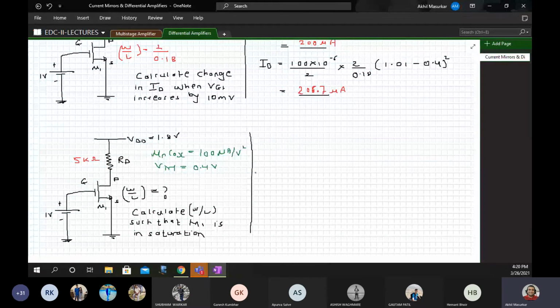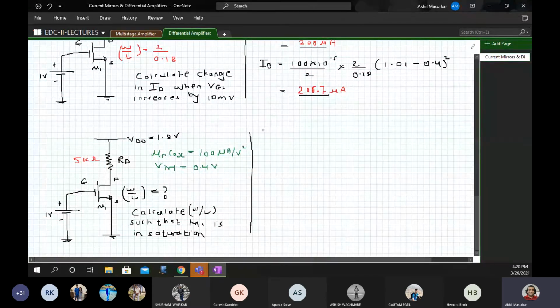So very simple, the condition for saturation is VDS should be greater than or equal to VGS minus VTH, or we can say VDS should at least be equal to VGS minus VTH.